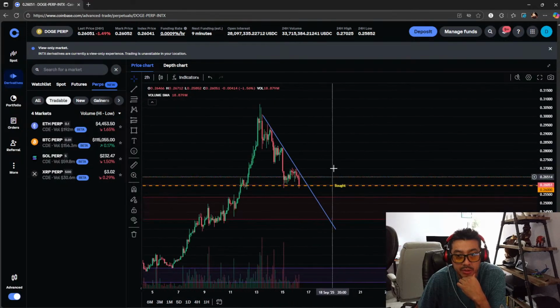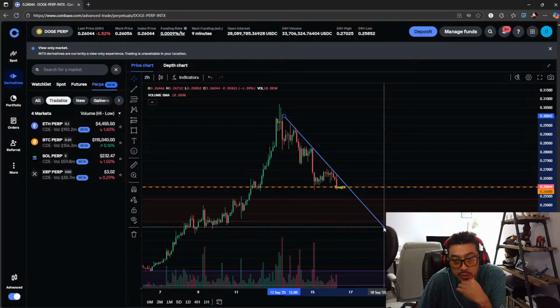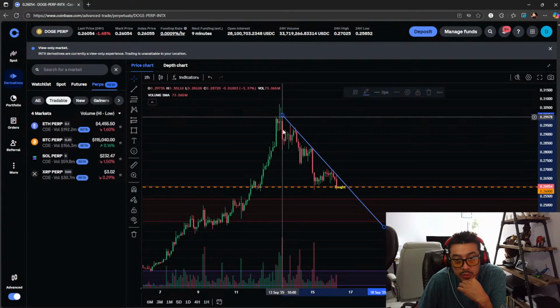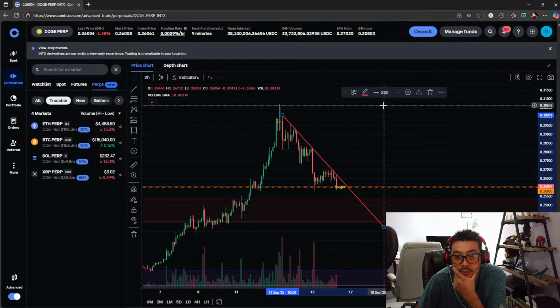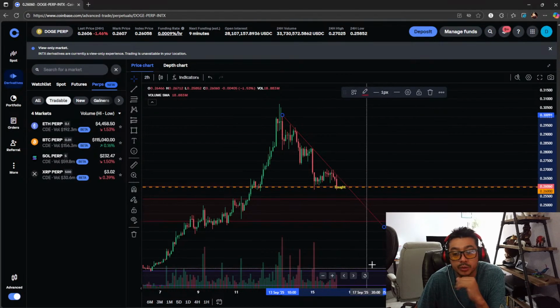Here, let's zoom into it so we can get a better idea. Boom. Look at that. Put it right there. Let's make it red. Bam. Let's make it red. There you go. Turn it into a 1.